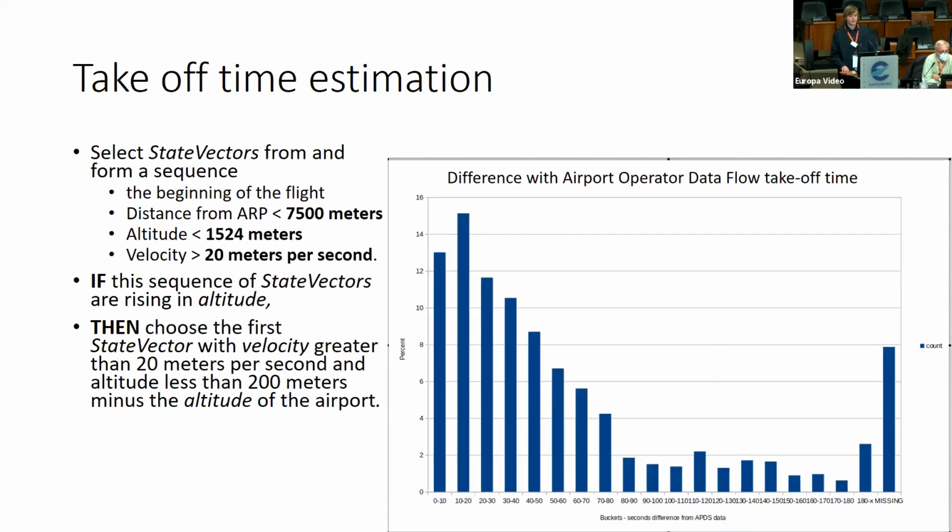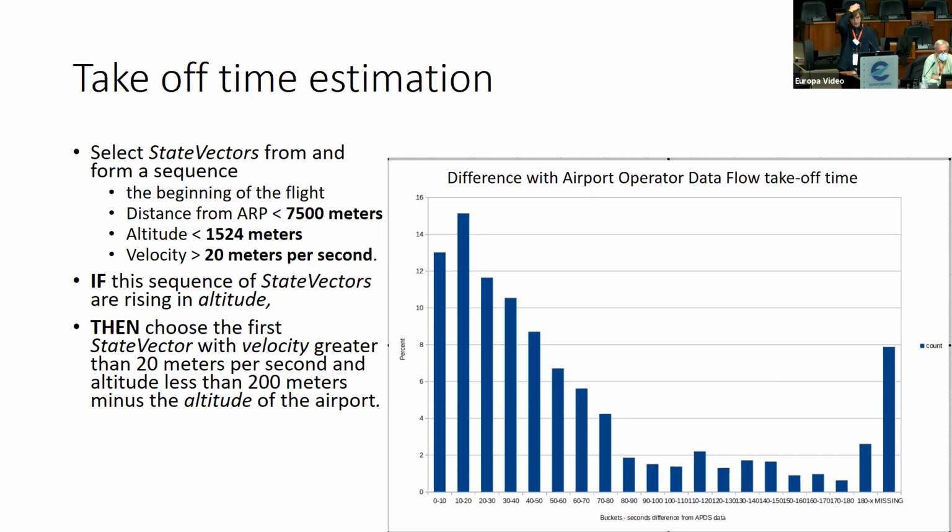Then the takeoff time estimation. In this first iteration, we've done a quite straightforward rule-based approach, as you can see. So we take the state vectors and start looking for position reports that are within 7.5 kilometers from the airport reference point.